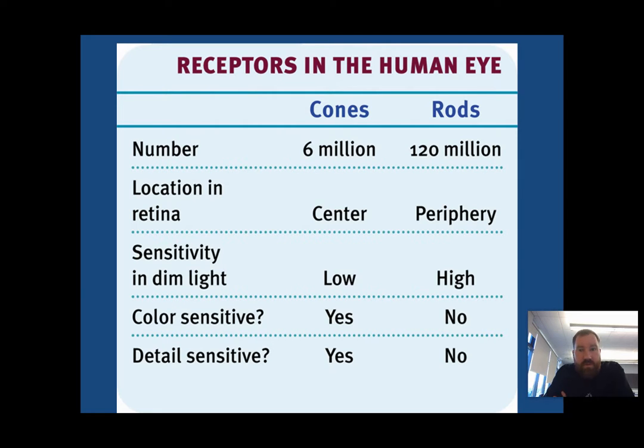So they're responsible for us being able to see at night and in our peripheral vision. We'll do an in-class demo when we come back from break, talking about how our peripheral vision works and how our color vision works, because I have a pretty cool demonstration to show exactly this.